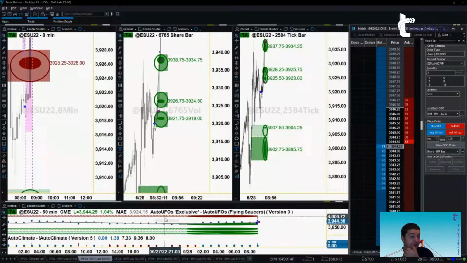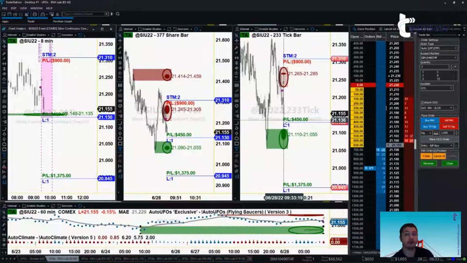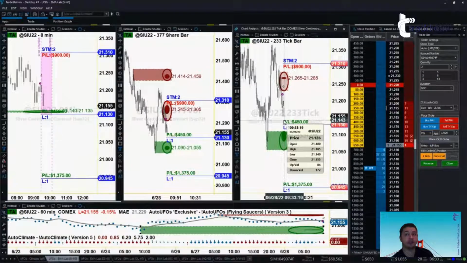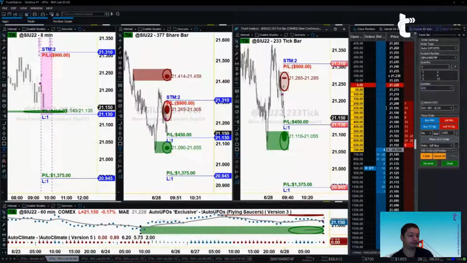All right, silver might be coming up to this T1 here fairly quickly. Actually, came very close to it. Right there, the low was 21.14, so it was 2 ticks away. On silver, no new UFOs. Kind of touched that area there.